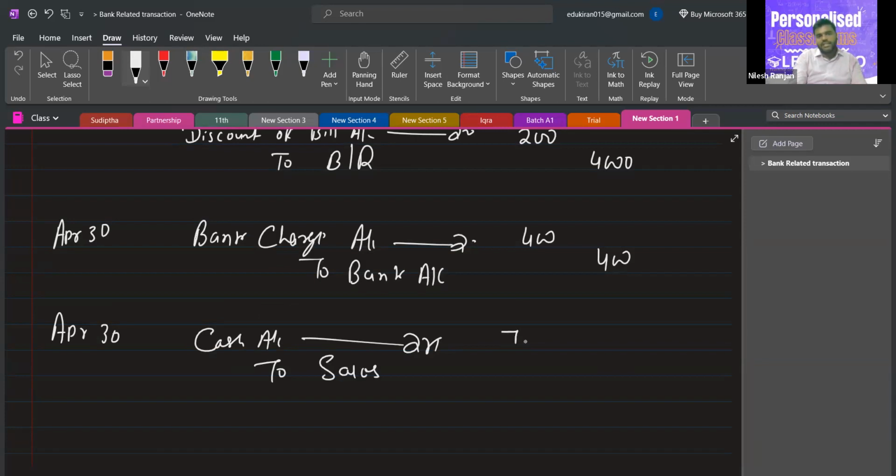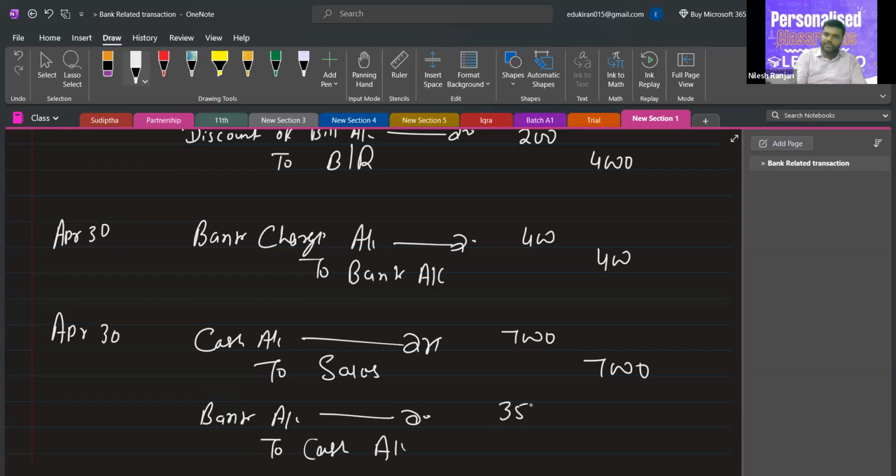We received 7,000 and we deposited half of this amount into the bank. So the entry will be bank account debit to cash account, 3,500. Is this clear?